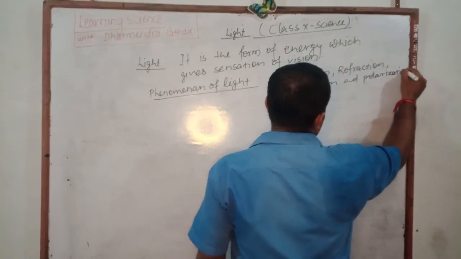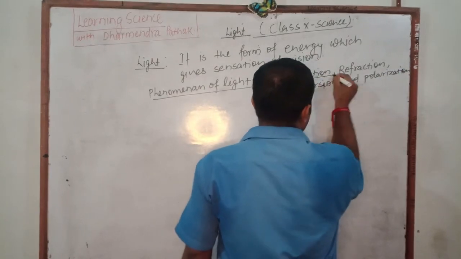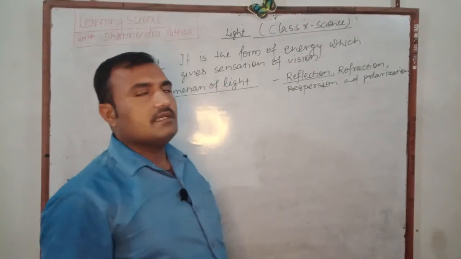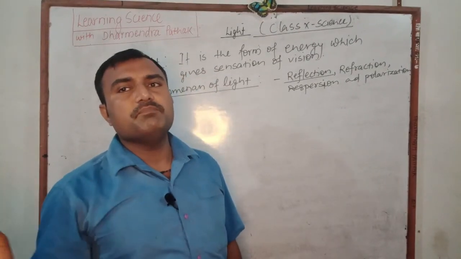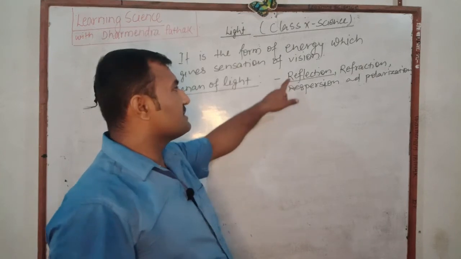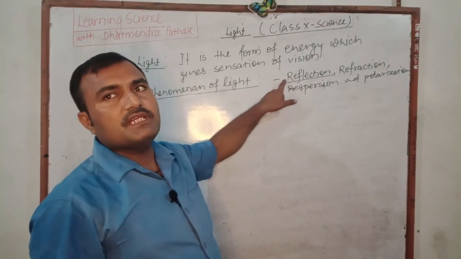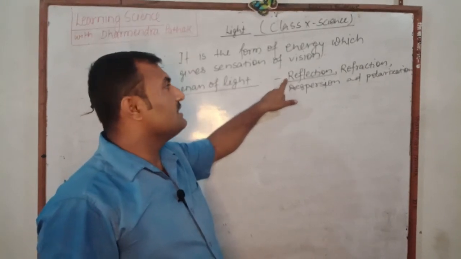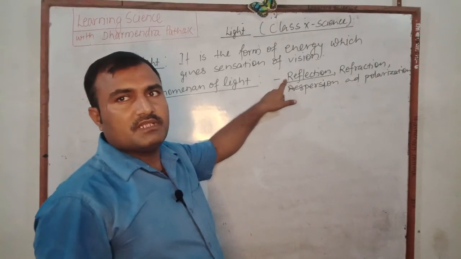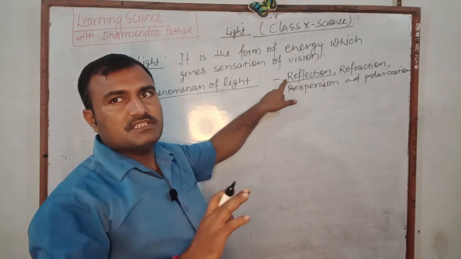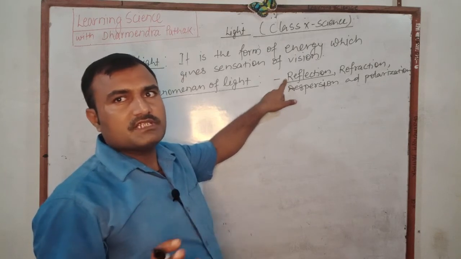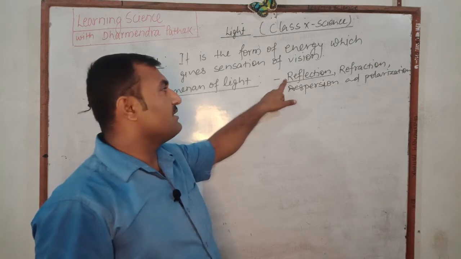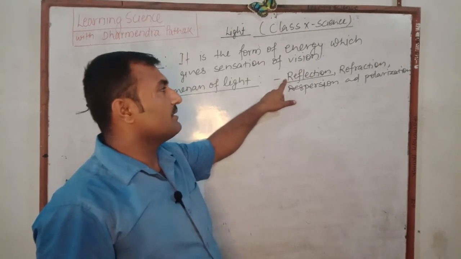When light strikes an opaque substance, it returns in the same medium. That process of bending back of light when it strikes an opaque surface is called reflection. When the opaque object is smooth, polished, bright, then regular reflection takes place, and when it is rough, then irregular reflection.